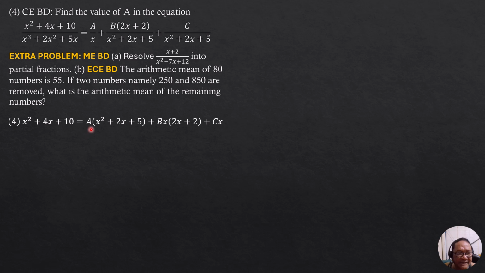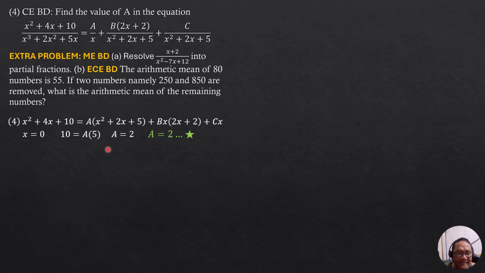But for this case, we are just looking for a, so set x equals 0 so that the second and the third terms of the right side won't be involved. So 10 equals a times 5 because x is 0. So that means a is 2.